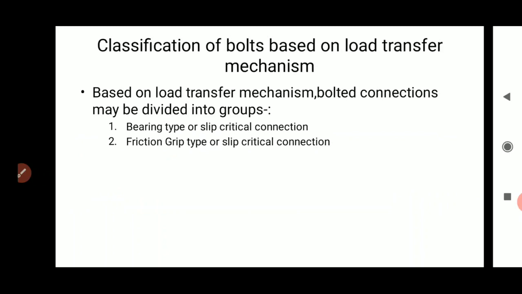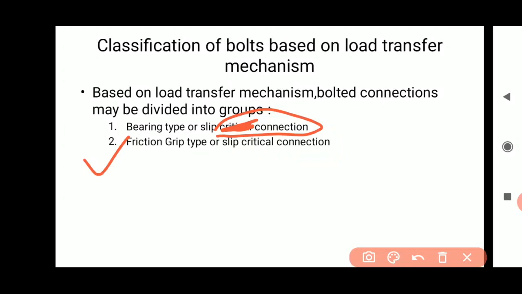First one is bearing type or slip connection, and second one is friction grip type or slip critical connection. Here make a correction: the first one is the slip connection, not slip critical connection.